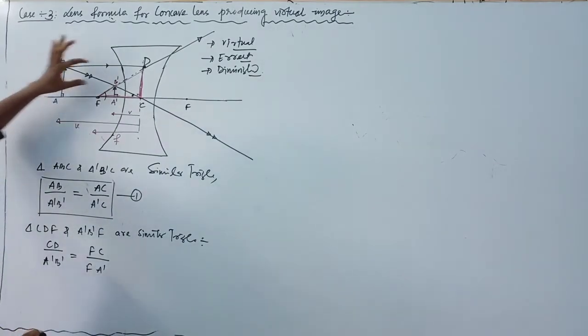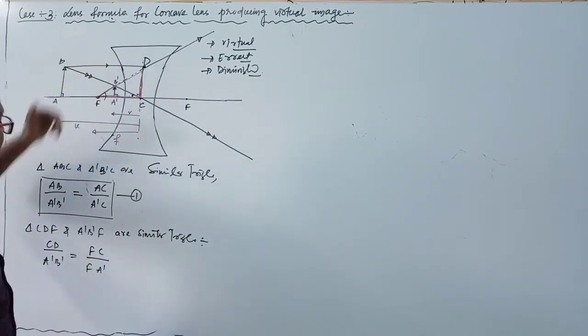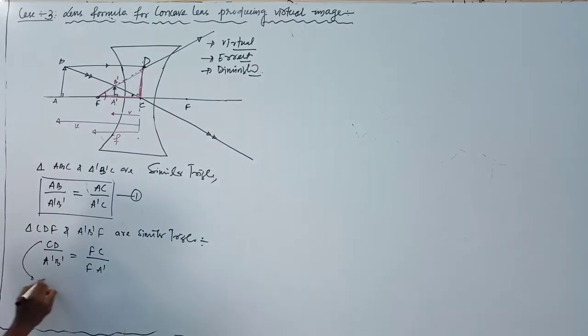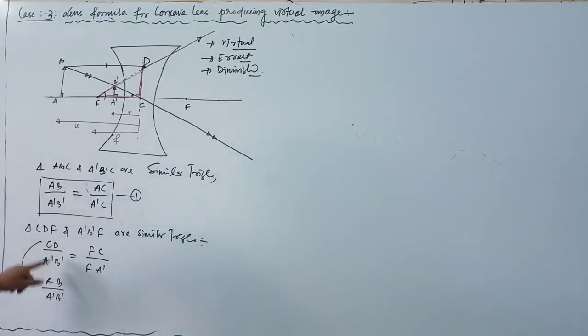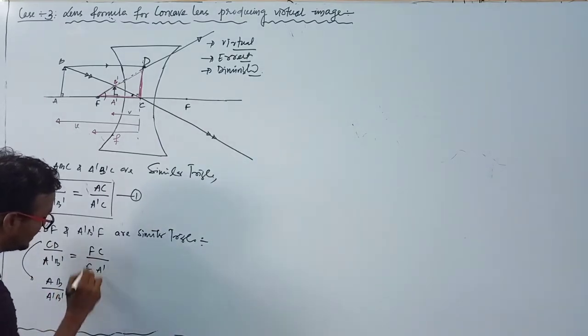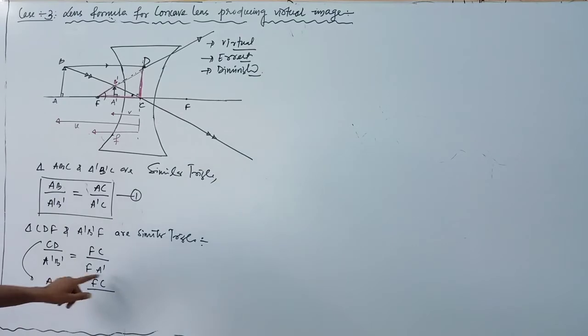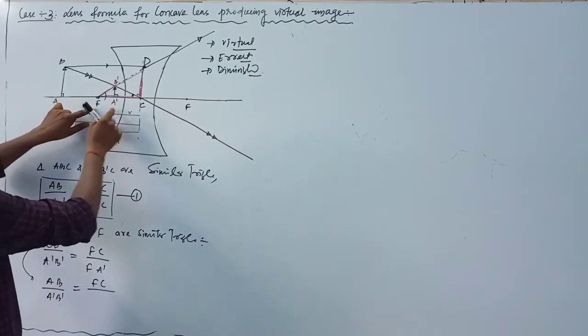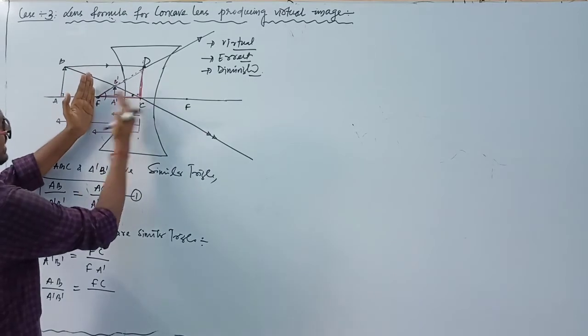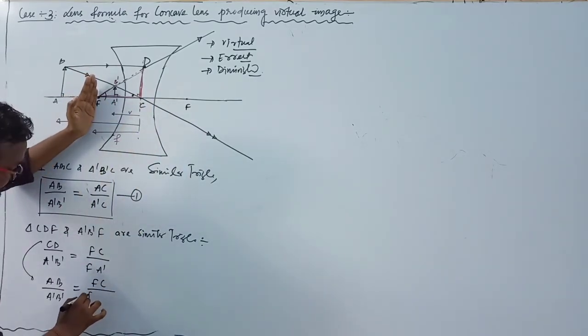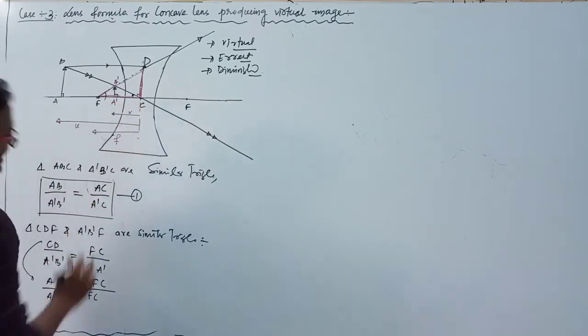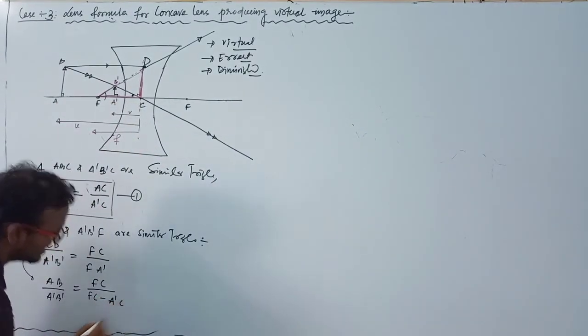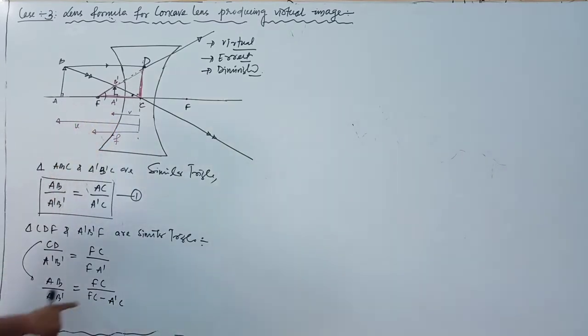The distance AB is equal to CD, because this ray is parallel to the principal axis, so we can replace AB in place of CD. So here it is FC divided by FA'. First find this distance FA': we can write FC minus A'C, then we get FA'. So this is the relation, equation number 2.